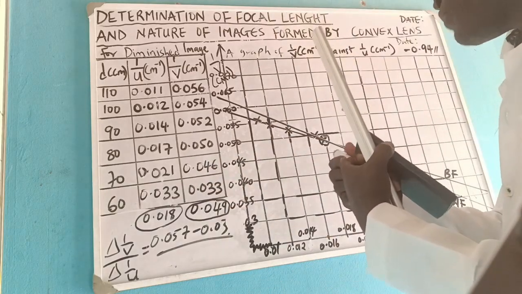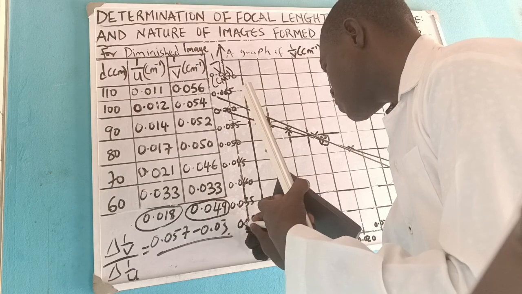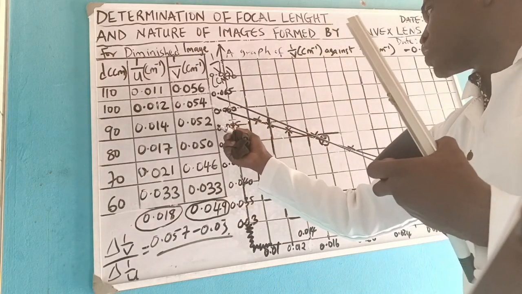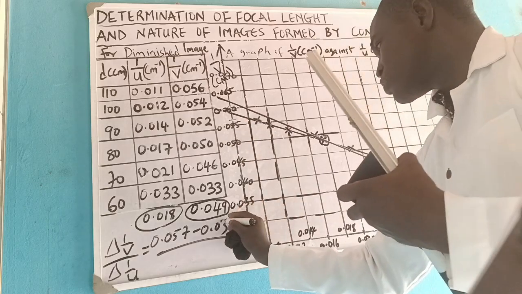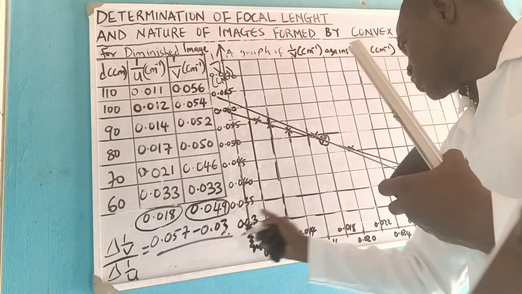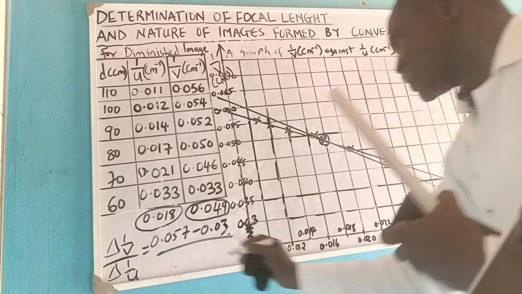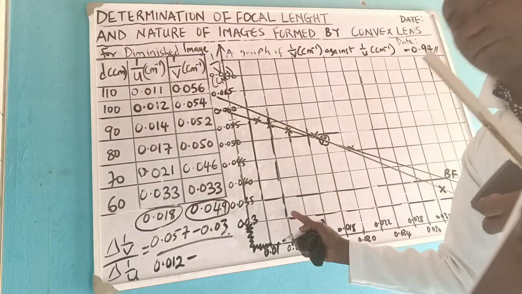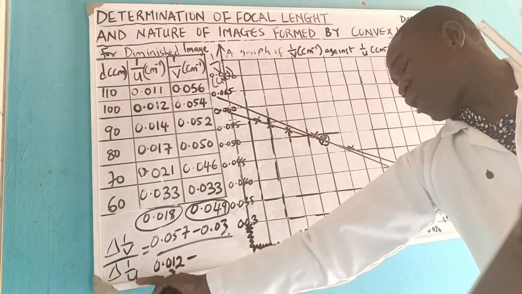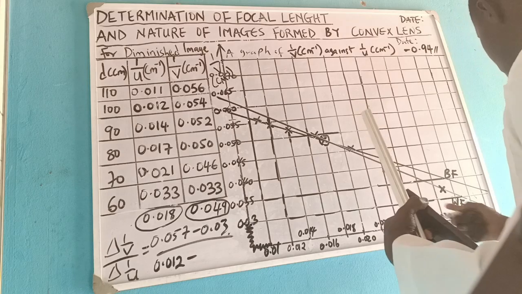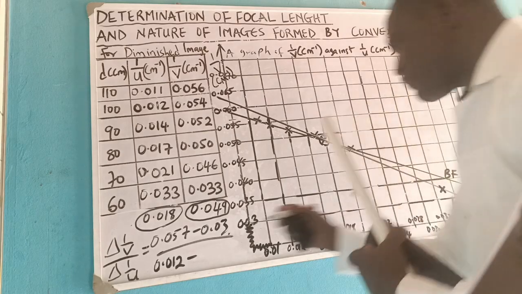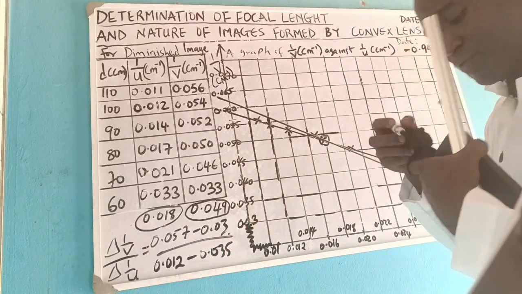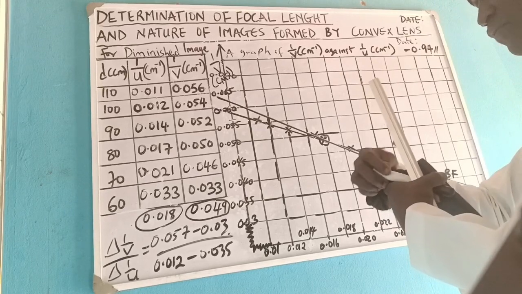Now for the slope of line of worst fit, it is still 0.057 minus, here is 0.03. Then where the vertical and horizontal meet, 0.012. It gives you this 1 over u2 minus 0.035. This is where I noticed that mistake for the first one and I had to redo it.